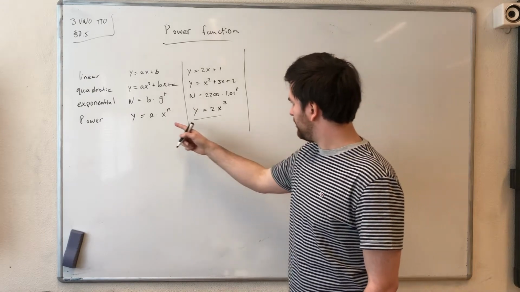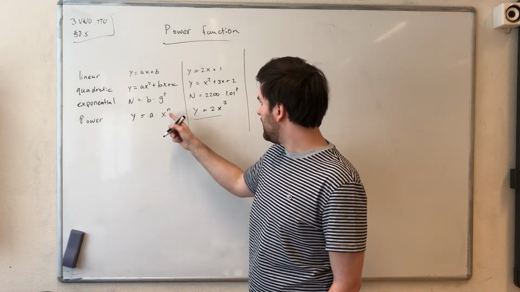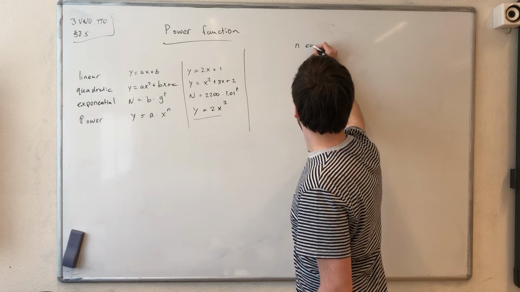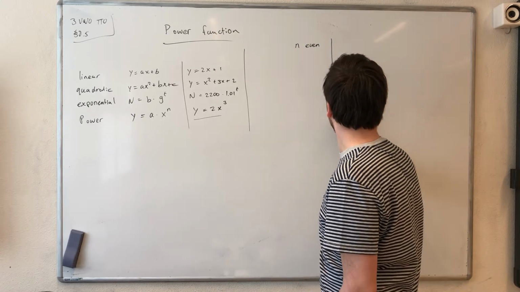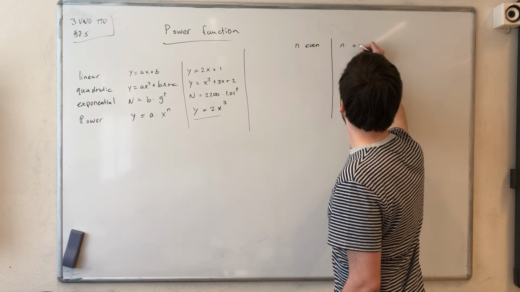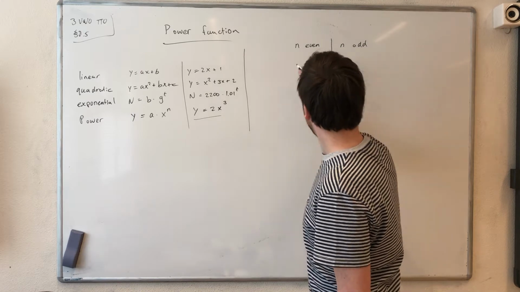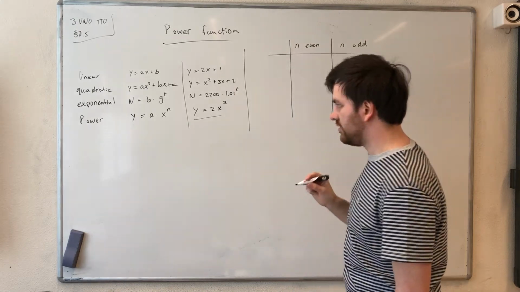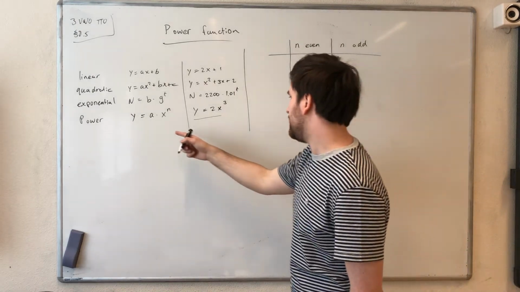We're going to look at two things. We're going to look at the a and the n. So n could be even and n could be odd. Besides that, we're also going to think about the a.